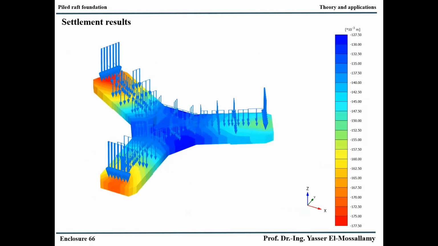You see here the settlement calculation, and it was very strange that the settlement at the wings is higher than in the middle, but it is due to the distribution of the loads, and we tried to make this as small as possible so that we don't have internal tension stresses inside the center core of the building.